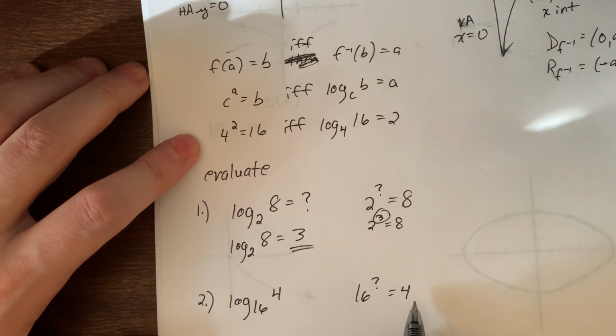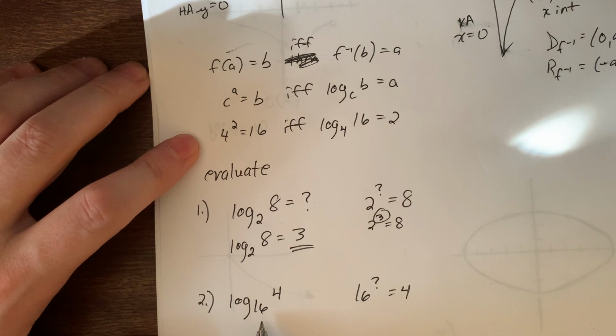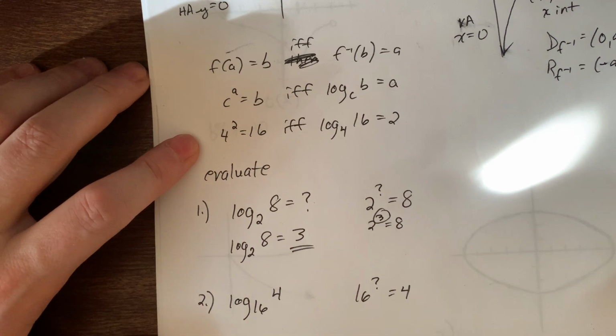A lot of people, it's a common mistake, think the answer is 2 because 4 squared equals 16, but it's the wrong base. It's the wrong setup. If it was log base 4 of 16, the answer would be 2, but we can't pick and choose which one is the base. The 16 is the base, the 16 is the one that needs the exponent. But think about that.